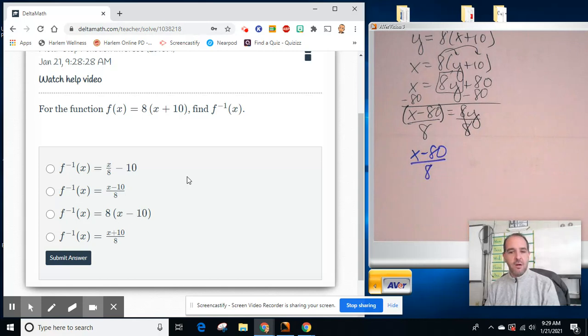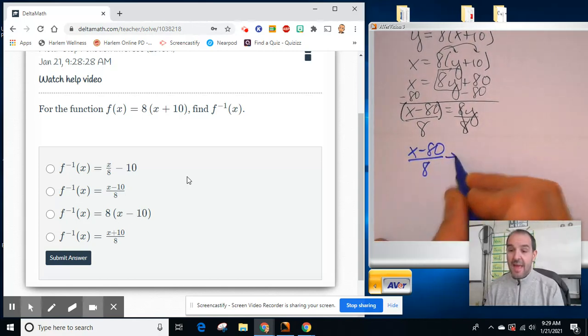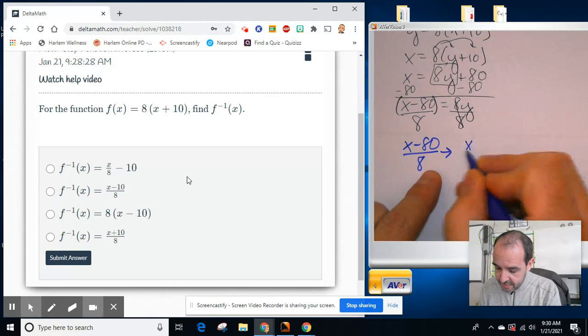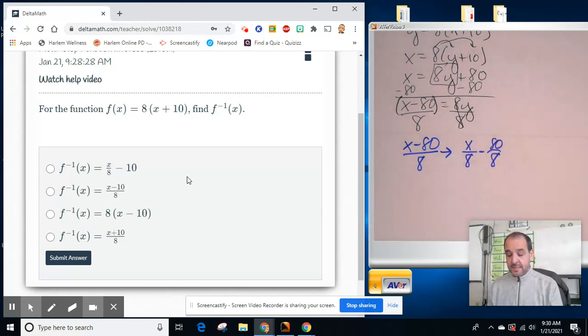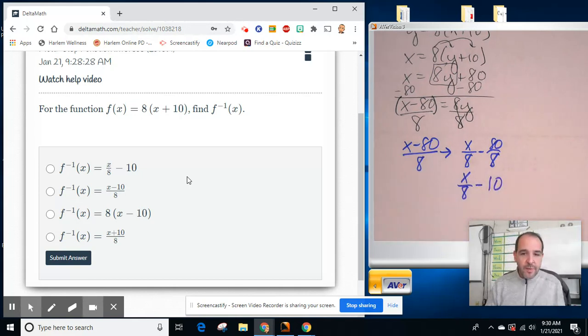One option, and this shows your mathematical ability to flex, is that you can always take a fraction and separate it into separate pieces. They have the same denominator, I'm just taking them in pieces. What's 80 divided by 8? Well, 80 divided by 8 is 10. Does that show up anywhere over here? Yes. Got to be able to adjust.